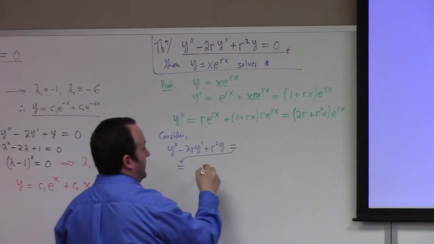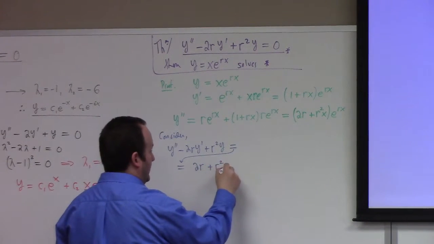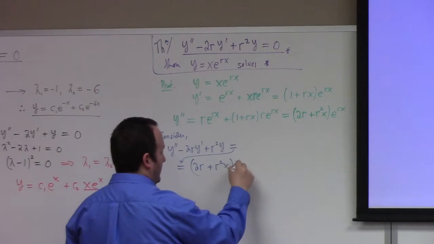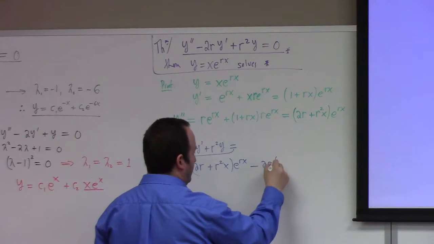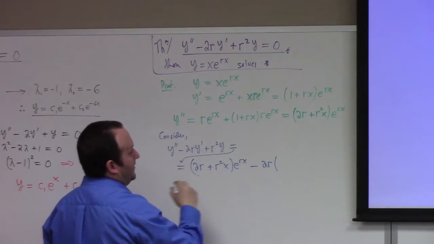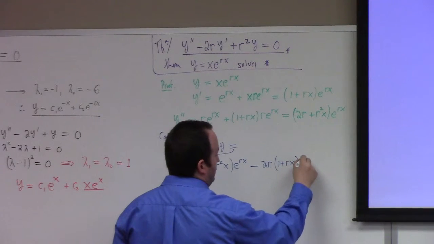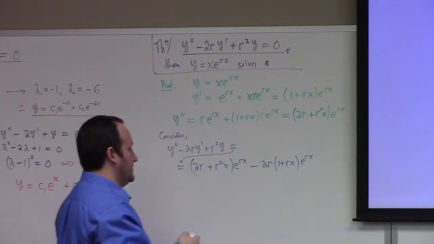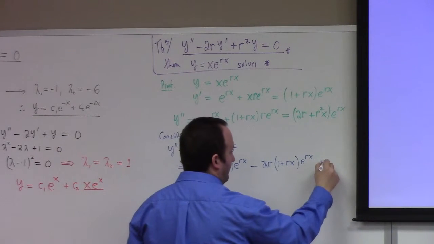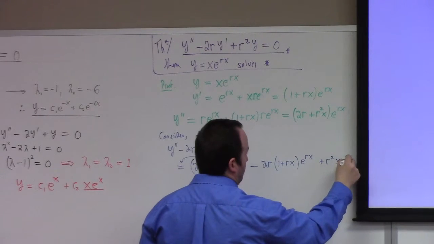So y'' was (2r + r^2 x) e^(rx). Then I have minus 2r times y', and y' was (1 + rx) e^(rx). What's left? Plus r^2 y, which is r^2 x e^(rx).